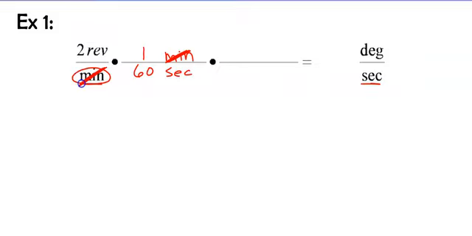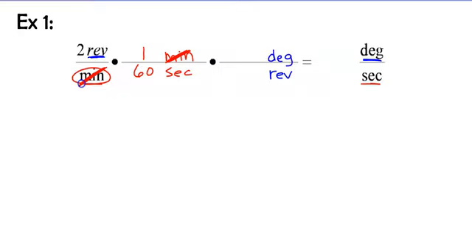Okay? Now the other problem is that we want our answer to be in degrees, but we are currently in revolutions. So we need to get rid of revolutions. To get rid of revolutions, if they're currently on the top, we need to put them on the bottom. Okay, so revolutions, one on top, one on bottom, we can get rid of them. We want our final answer to be in degrees, so I'm going to put degrees there.